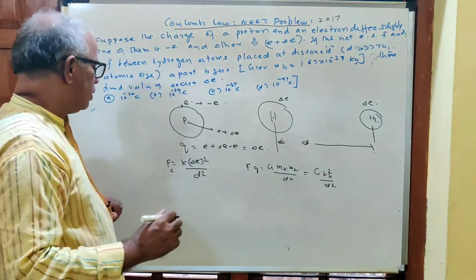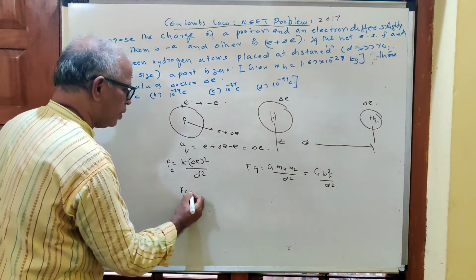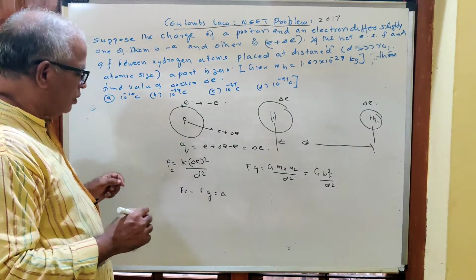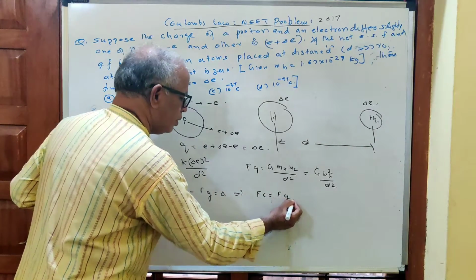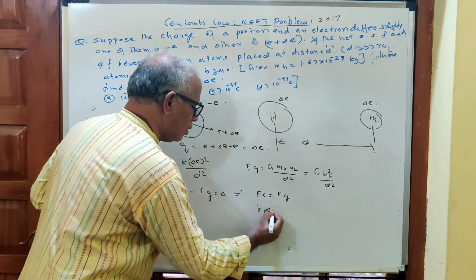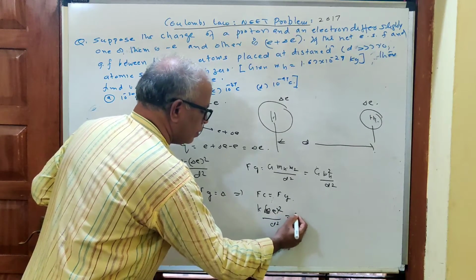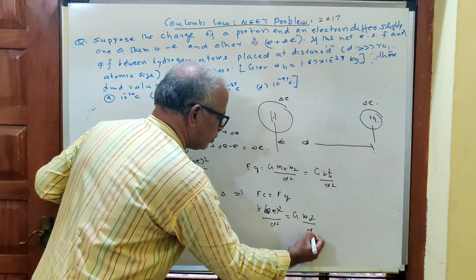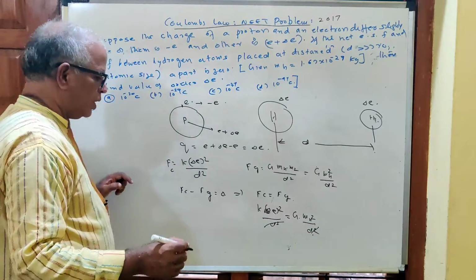It is given that they cancel each other, the net force is 0. Fc minus Fg is equal to 0, that is Fc is equal to Fg. Therefore K delta e square by d square is equal to G mh square by d square. So d square gets cancelled.